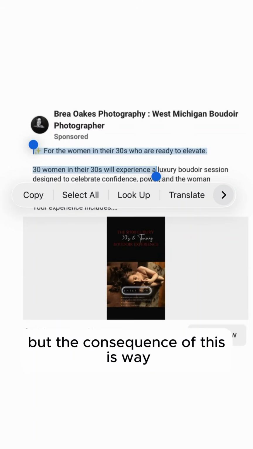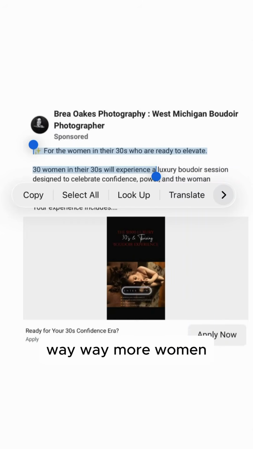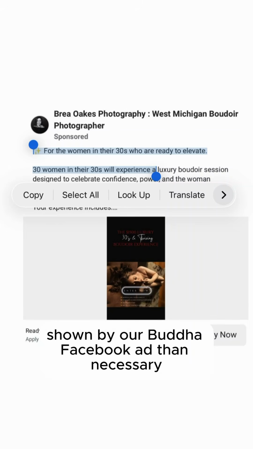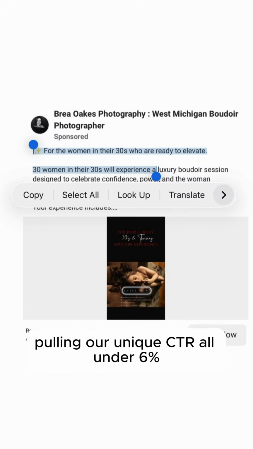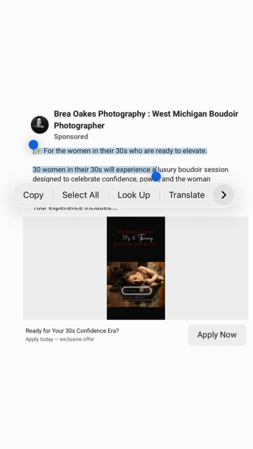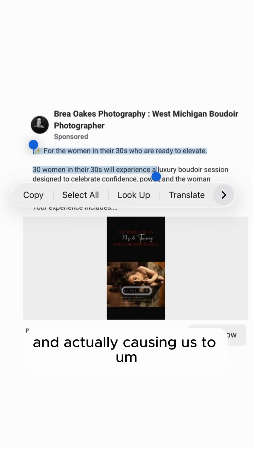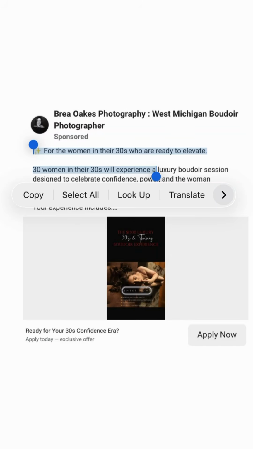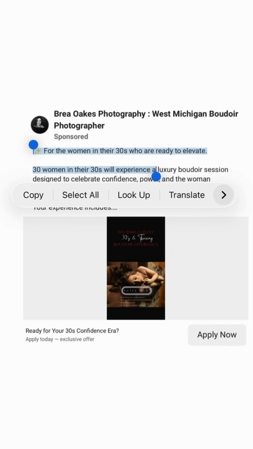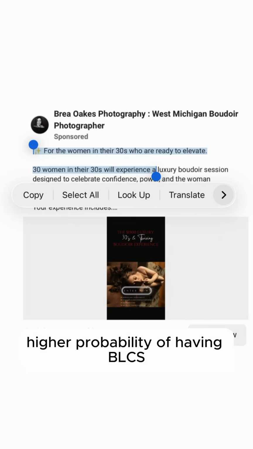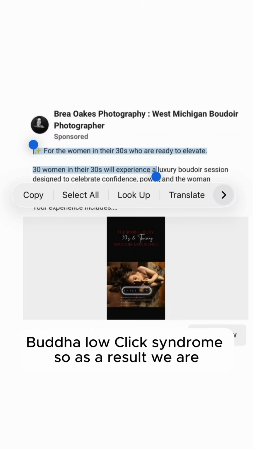But the consequence of this is way, way, way more women scrolling by our Boudoir Facebook ad than necessary, pulling our unique CTR under 6%, and causing a higher probability of having BLCS, Boudoir low click syndrome.